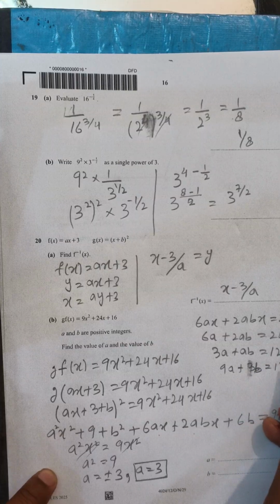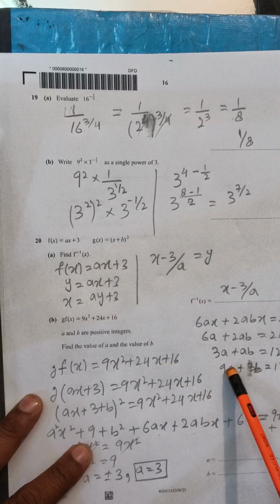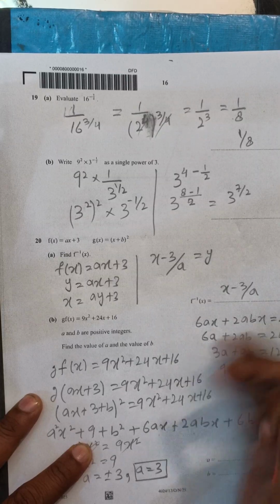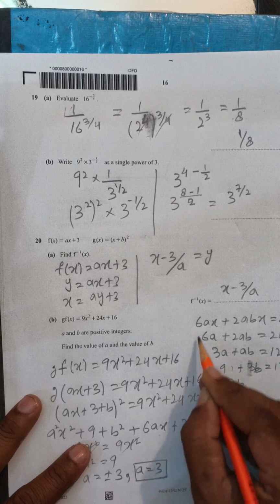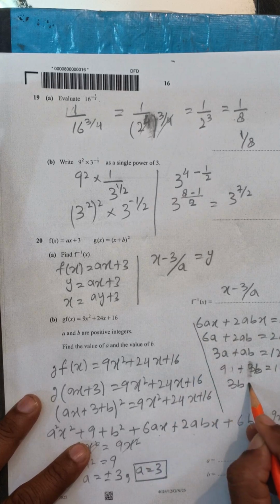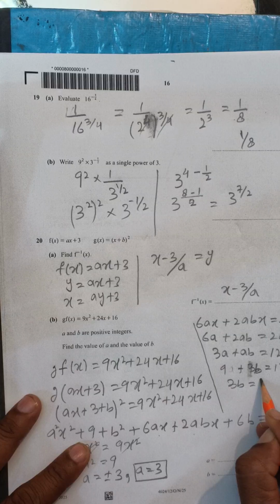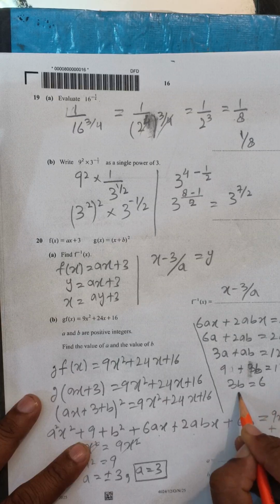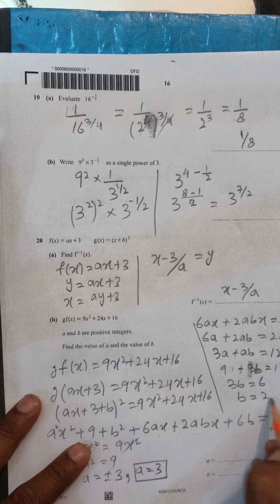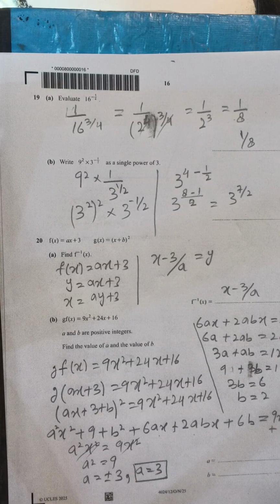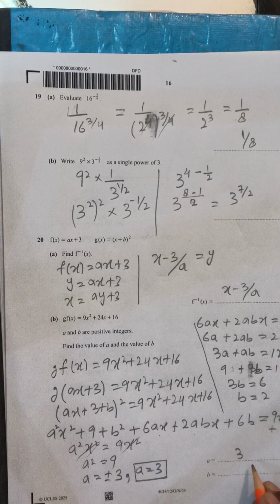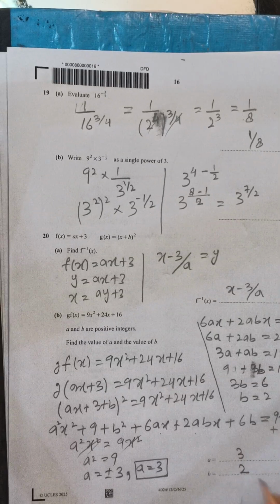After substituting the value of a, now subtract: 3b equal to 6. So b equal to 2, 3 2s are 6. So what about your answer? The answer is that the value of a is 3, value of b is 2.